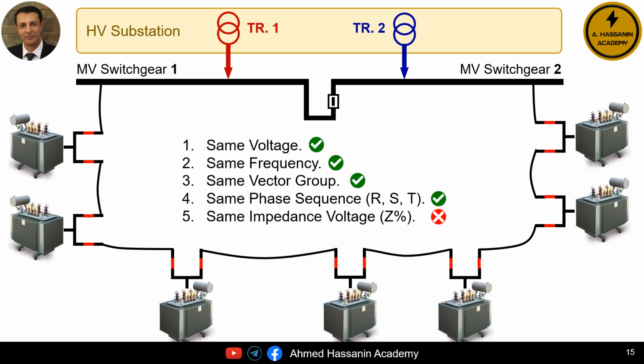Of course, everyone knows that there are basic conditions for connecting transformers in parallel. It is possible that the two power transformers, number 1 and number 2, have the same voltage rating, the same frequency, the same vector group, and the same phase sequence, R, S, T. However, there might be a difference or mismatch in the impedance voltage, Z%, and this can cause a serious problem in load sharing between the power transformers inside the high voltage substation.